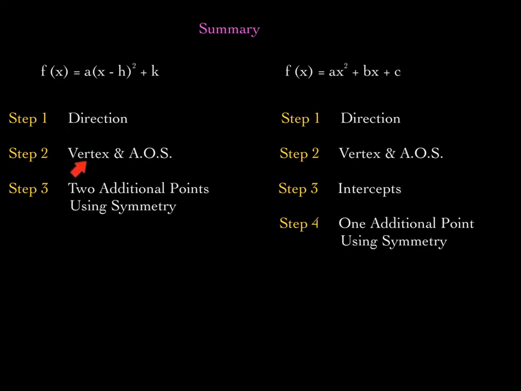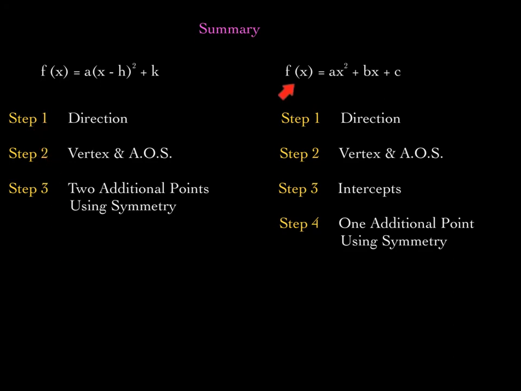Now, you don't have to work for it when it's in this form. It's just h comma k. And your AOS always follows from that. Then find 2 additional points using symmetry. For the first point here, you have to plug something in for x. But plug something in that is close to your AOS, close to your vertex. And then use symmetry to find the mirrored image of that point.